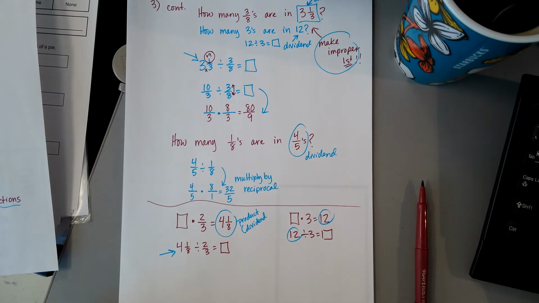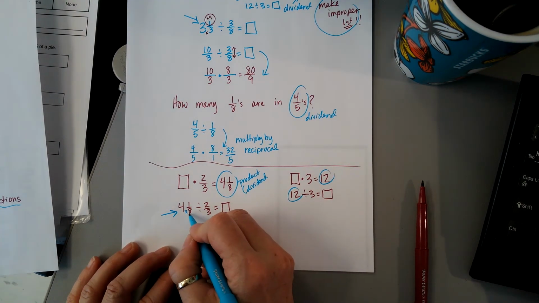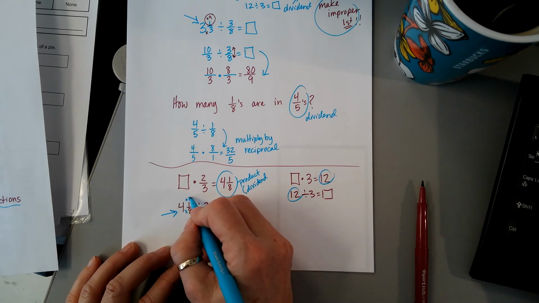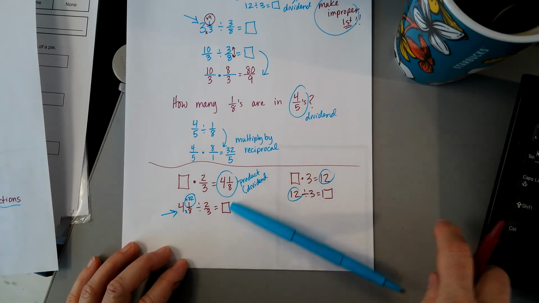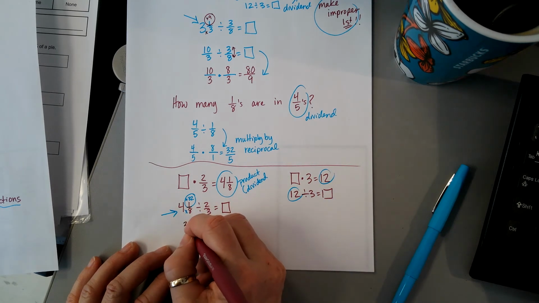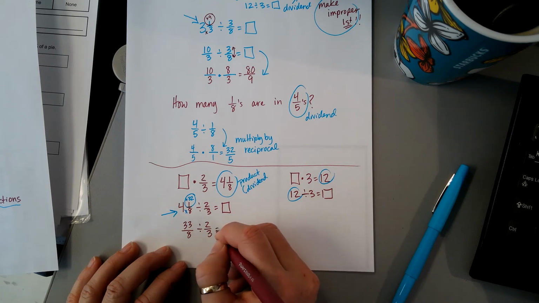This has to be improper. 4 times 8 is 32, plus 1 is 33, so we'll go 33/8 divided by 2/3.